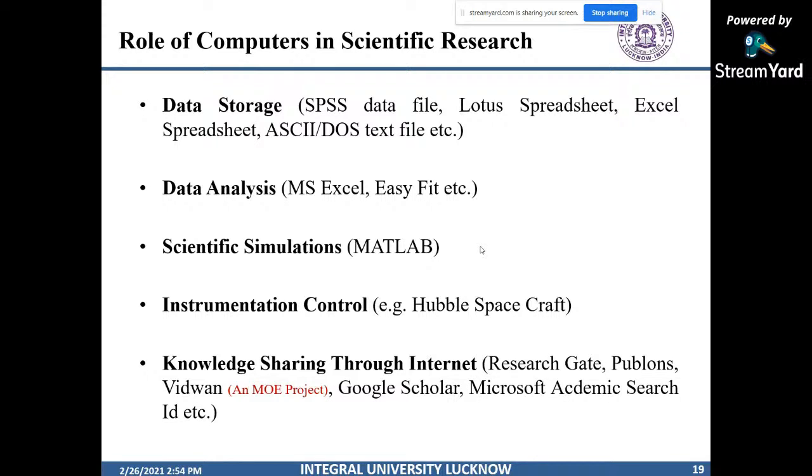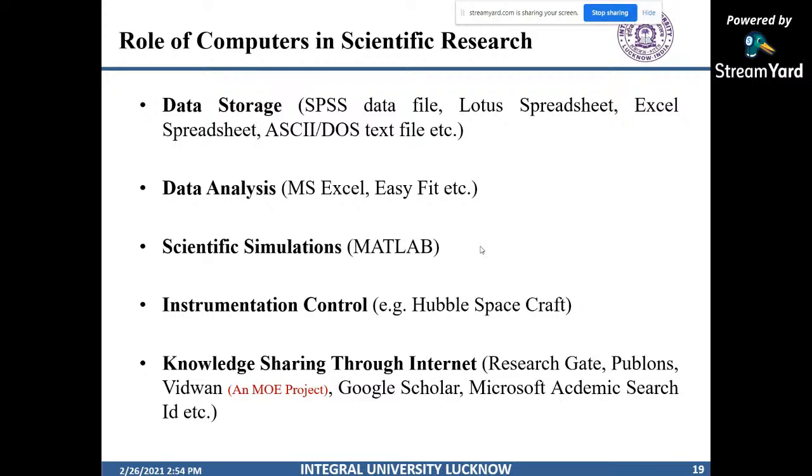With the help of a computer network, you can store that data in some kind of research lab or in a particular system. From various sources you can store it, and you can analyze it by designing some algorithm or by using developed algorithms.